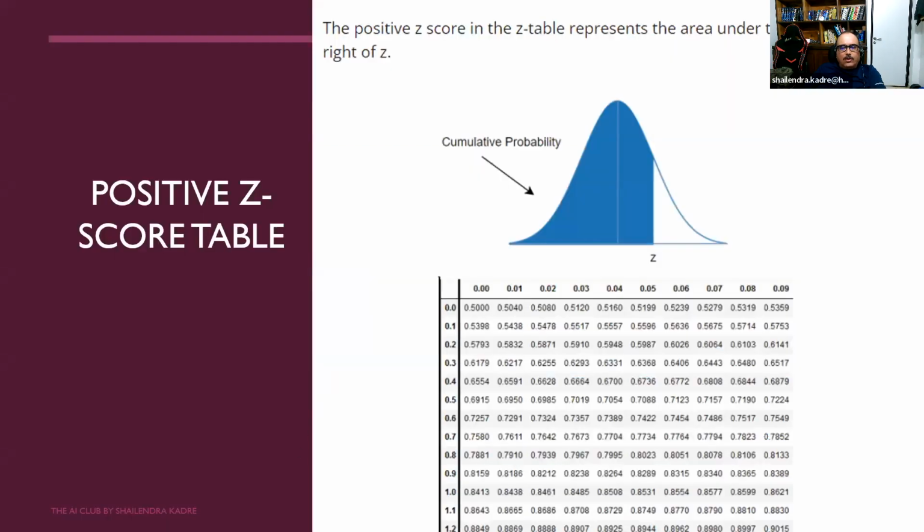Now we are going to one more concept: there are Z tables, and we will see how to read a Z table. So you know what a cumulative probability is now. This is a normal distribution curve, the blue bell curve, and we are familiar with it now. If I point to the blue shaded region, the area shaded blue, what does it represent?